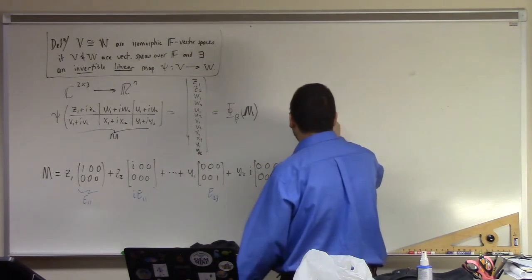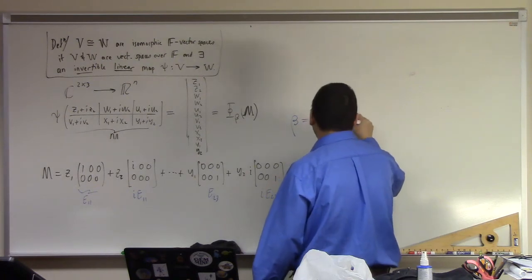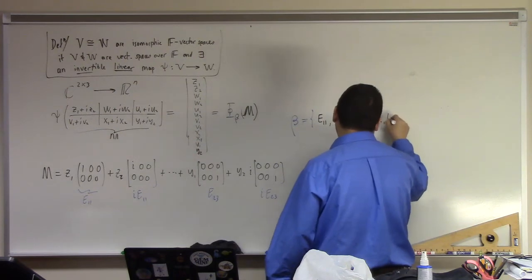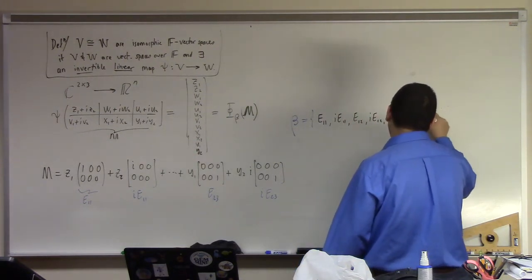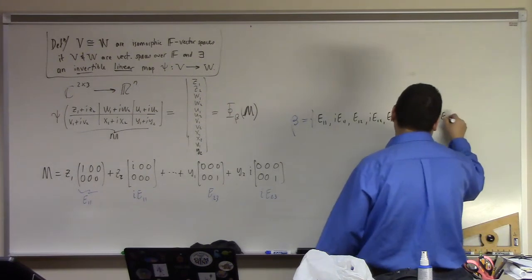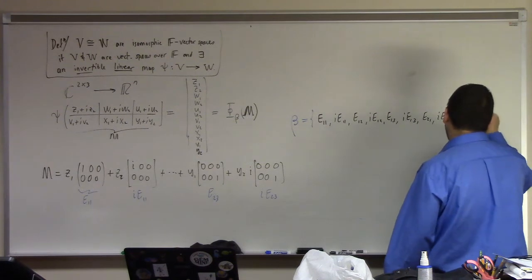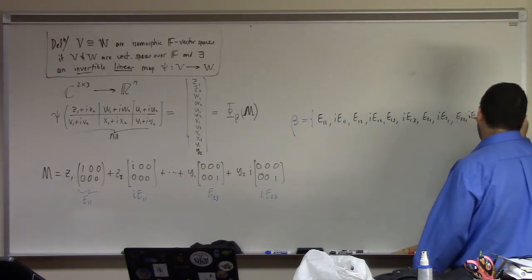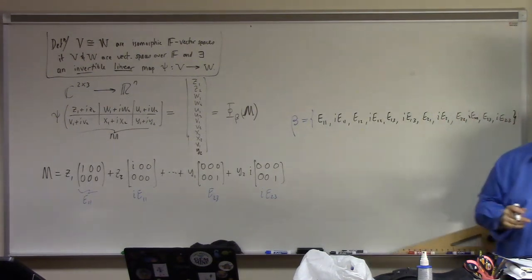Fine. E11, iE11, E12, iE12, E13, iE13, E21, iE21, E22, iE22, E23, iE23. This is what I get for giving you a 12-dimensional example. It's my own fault.